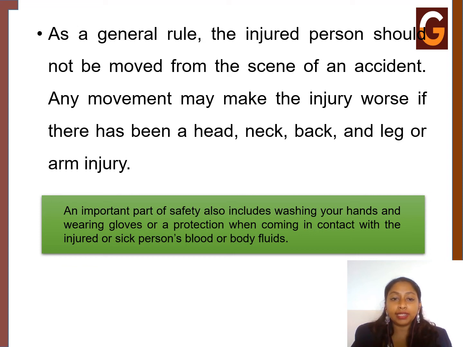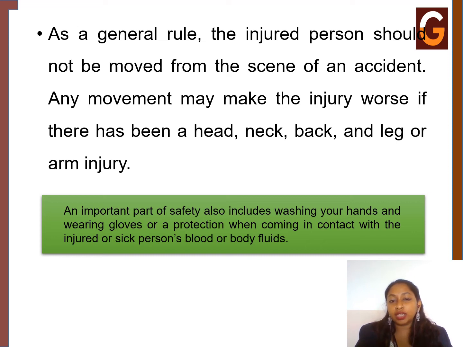And whenever you are handling any cases with bleeding or any kind of body fluids you might come into touch with, make sure you sanitize your hands and wear gloves for protection, because we may not know if the patient has any kind of disease or disorder, like HIV AIDS.